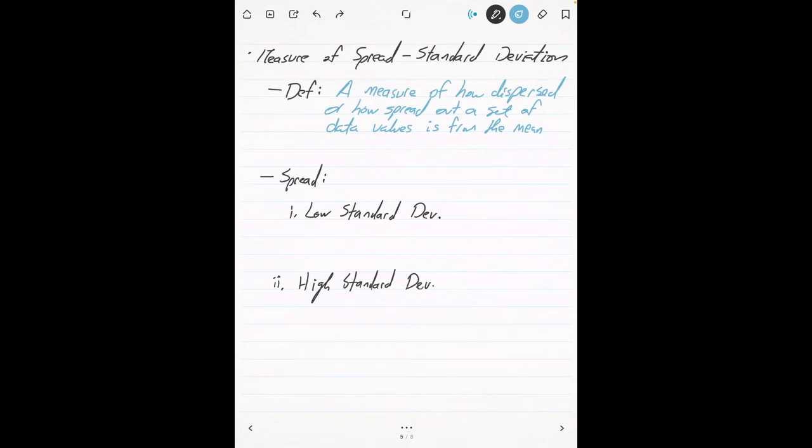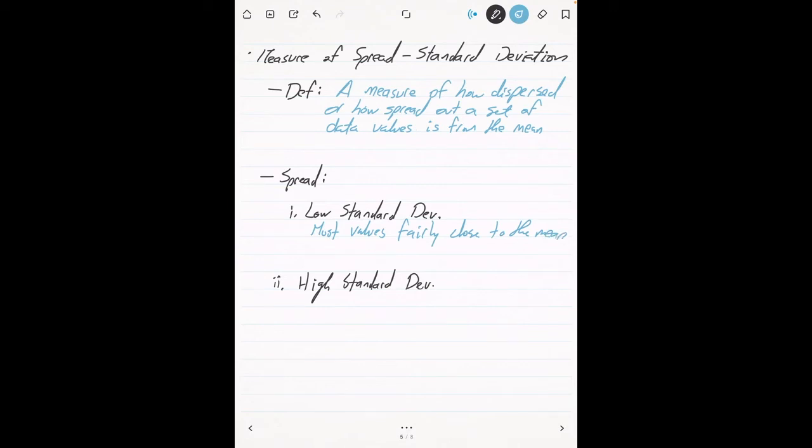So when we talk about the spread of data, we might talk about a low standard deviation or a high standard deviation. For a low standard deviation, we would have most values in the data set fairly close to the mean.